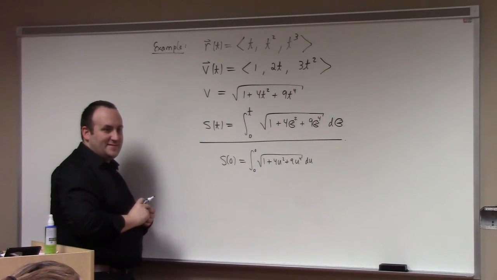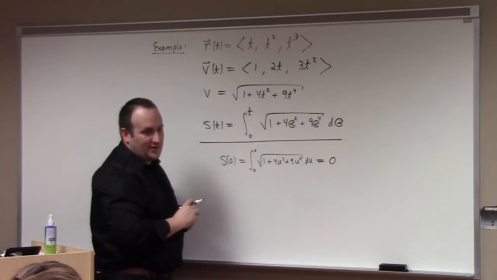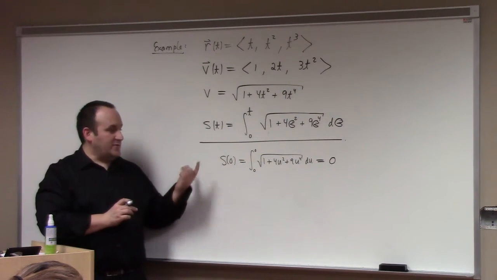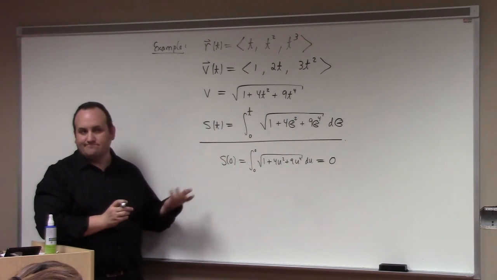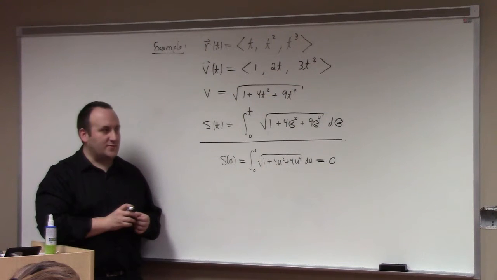It's 0. How far is it to get from where you are at time 0 to where you are at time 0? 0. But if you put a 1 there, it works out to something. Any questions? All right.